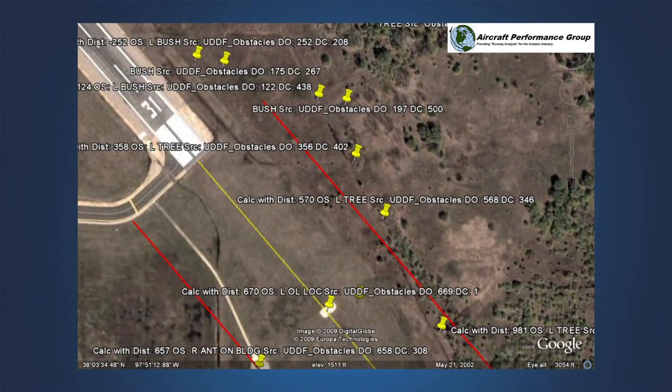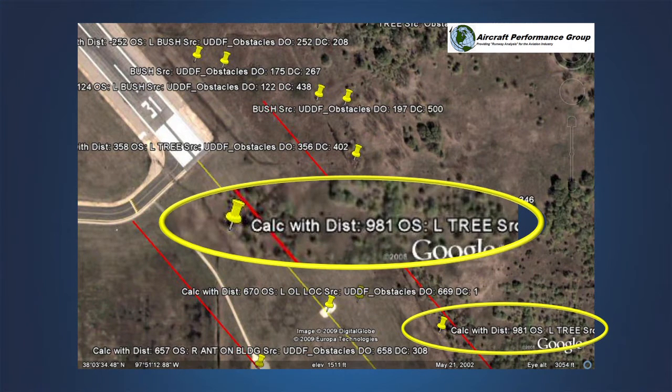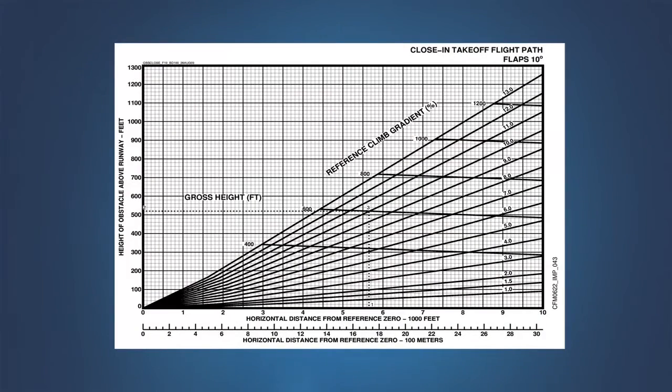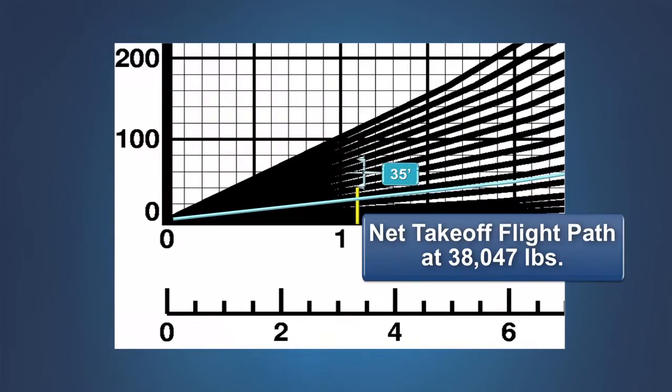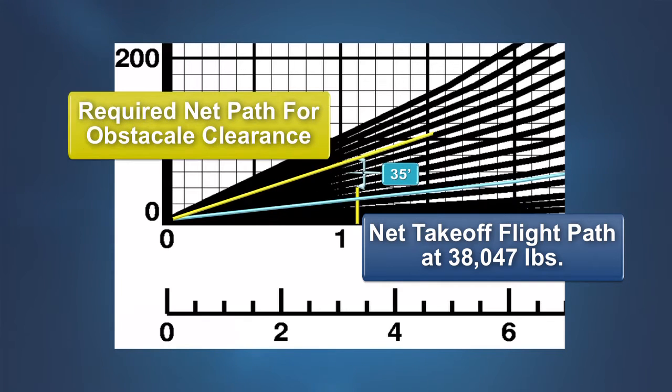While these obstacles may not be a significant factor with all engines operating, when required by the operating rules, the airplane's takeoff weight must ensure that these obstacles are cleared vertically by the prescribed amount should the engine fail during takeoff. Here's what the performance engineer would see when checking the obstacle clearance at the 38,047 pound takeoff weight computed by the FMS.